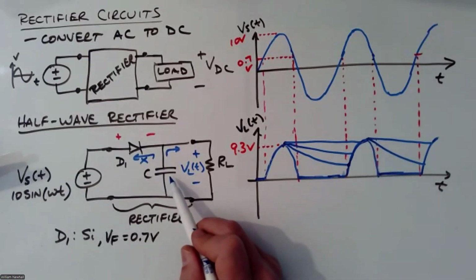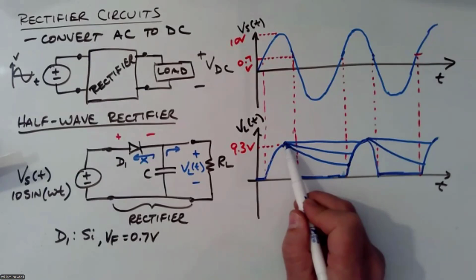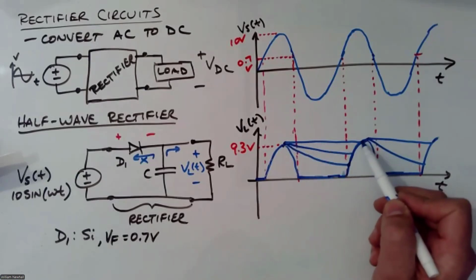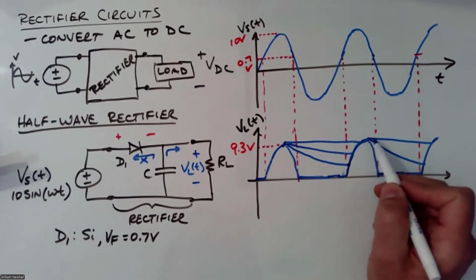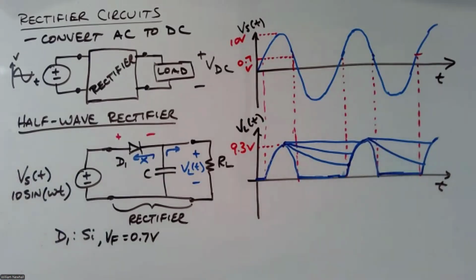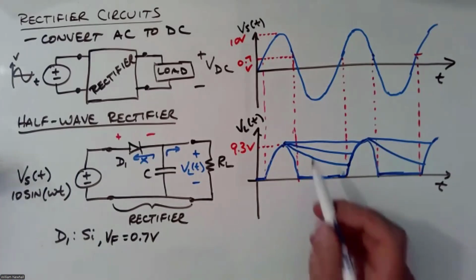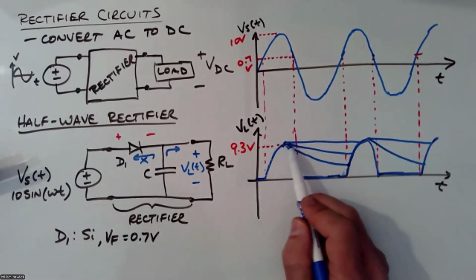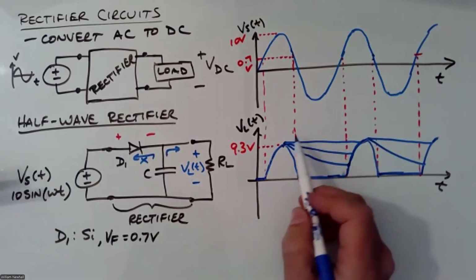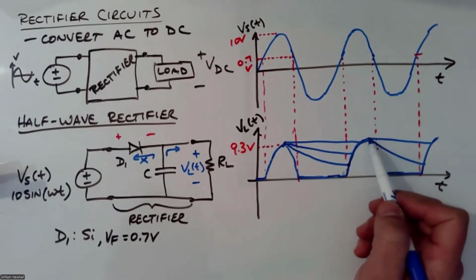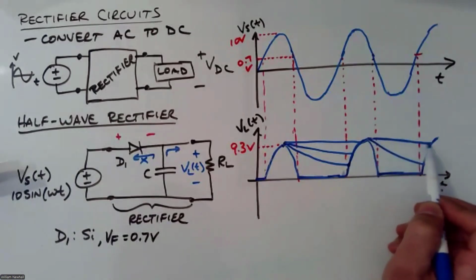You could design a capacitor value such that this exponential fall only falls whatever voltage you want. Okay. And so there's going to be some ripple on this output DC voltage here, but that ripple might only be 0.1 volts, 10 millivolts, 5 millivolts, whatever you want it to be. So it's approximately DC.